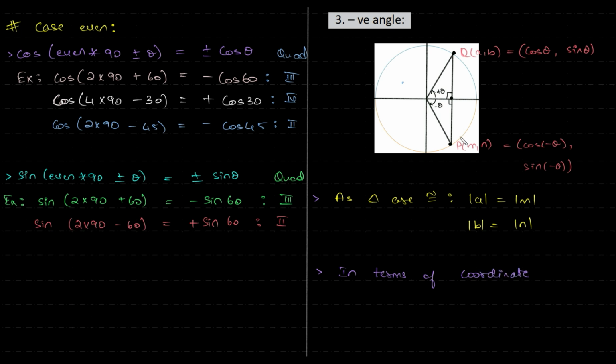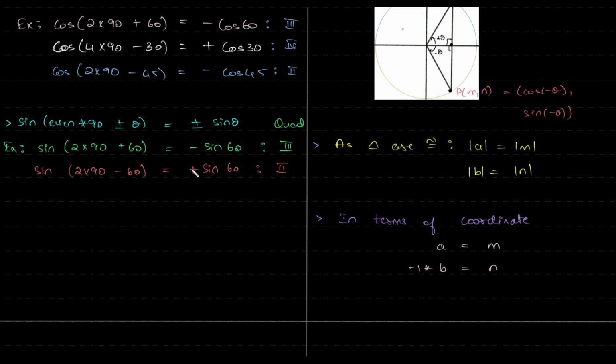Think about it. A and M are one and the same, so there's no debate about this. While the height B will be negative of N, or negative B is equal to N.